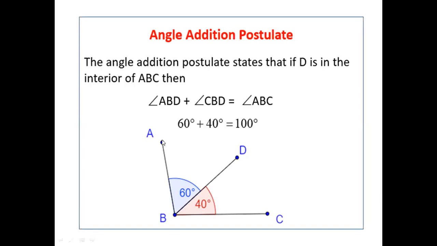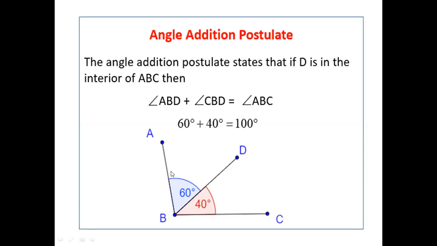You can see that this is a complete angle. Angle ABC is a complete angle. It has been divided in two parts like this. So one part of the angle, which is angle ABD, is 60 degrees. The other part is DBC, which is 40 degrees. So you want to find how much is angle ABC?